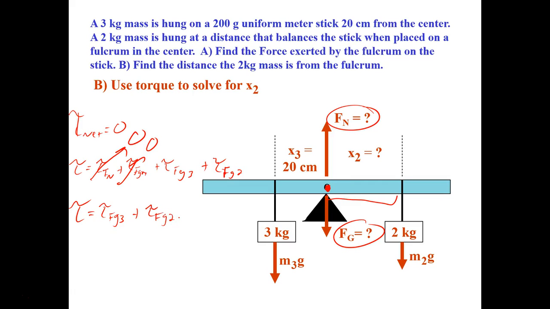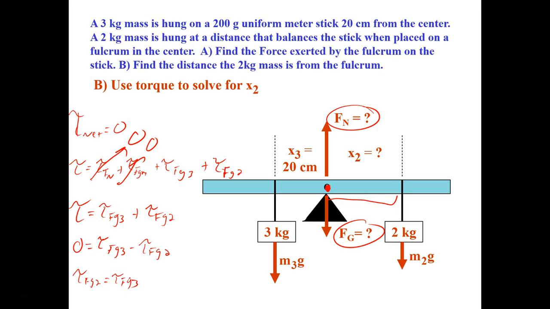And if we look at signs here, the 2 kilogram mass is providing a clockwise rotation, so it's going to be negative. And the torque from the 3 kilogram mass is producing a counterclockwise rotation, so it's going to be positive. So I can go ahead and say that 0 is equal to the torque of the 3 kilogram minus the torque of the 2 kilogram, or the torque of the 2 kilogram has to equal the torque of our 3 kilogram mass.